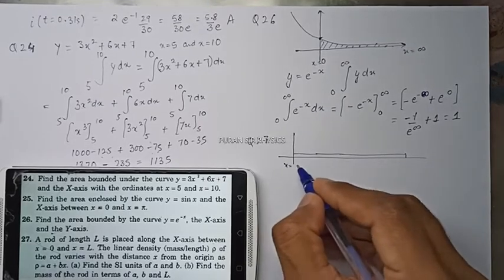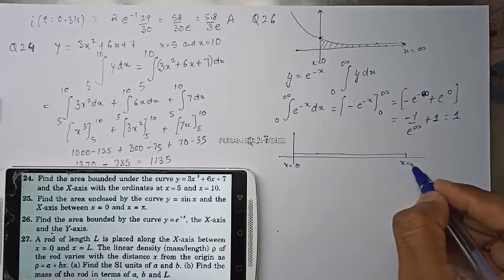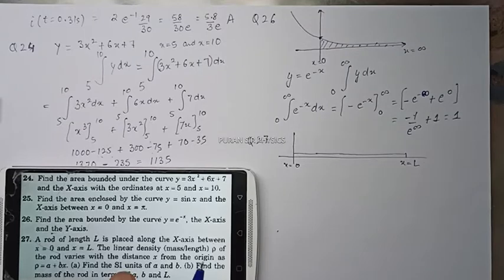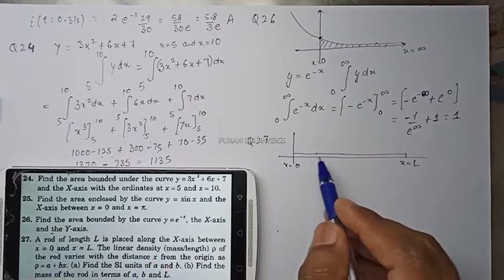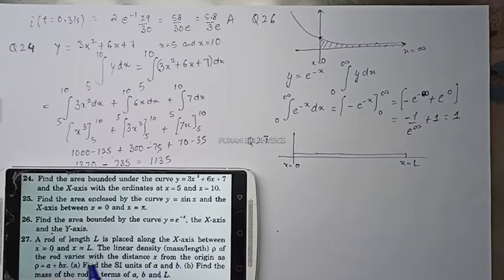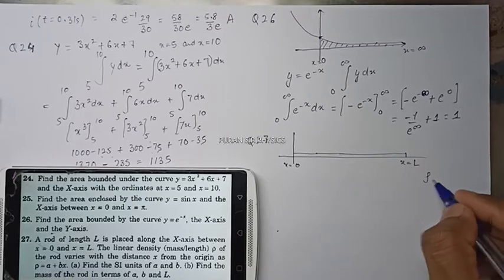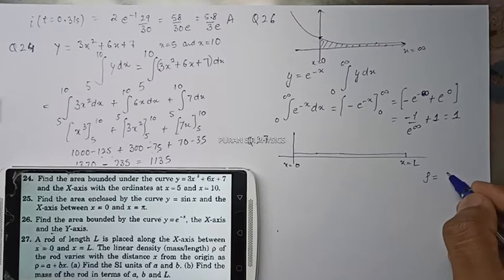This is x equals 0 and this is x equals L. The linear density, that is mass per unit length, rho of the rod varies with the distance x. So the linear mass density is varying along the length, and it is given by rho equals A plus bx.